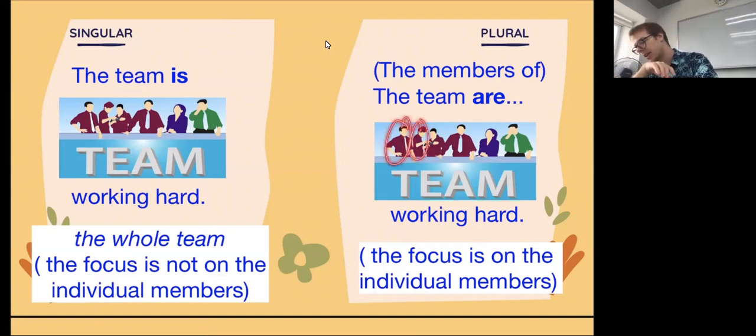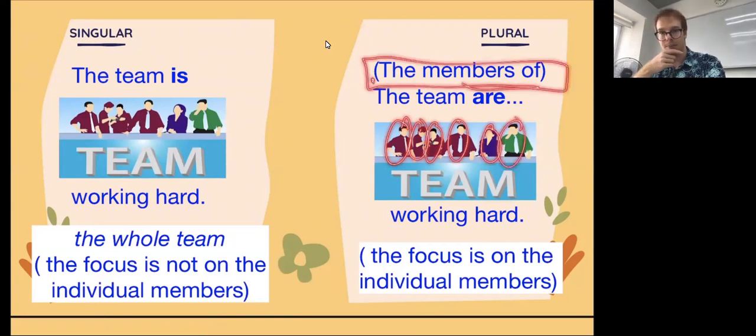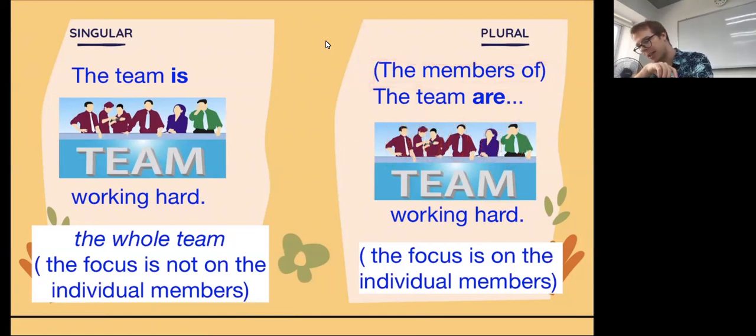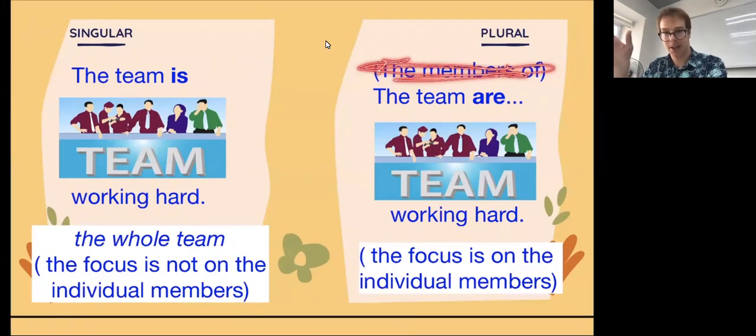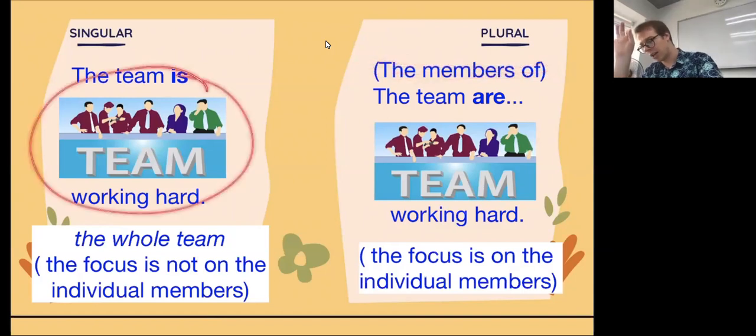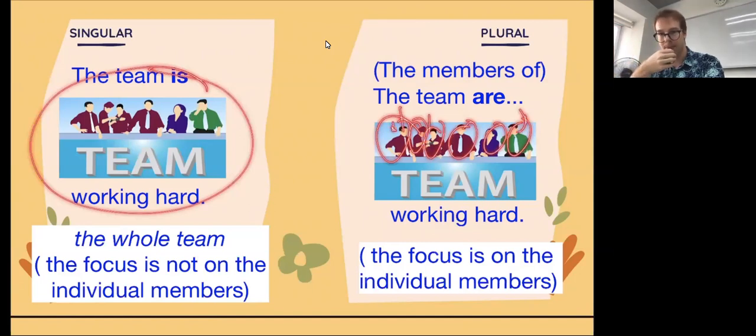I'm saying the members of the team are working hard. The members of the team. But sometimes I don't say the members, I just say the team are working hard. Both are okay in English. Just remember the focus changes from the group to each of the people on the team.